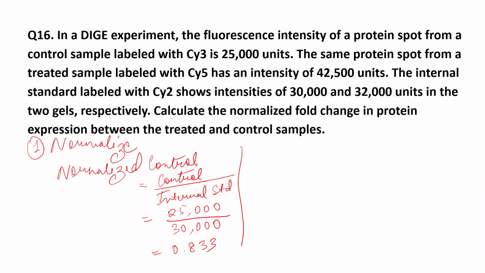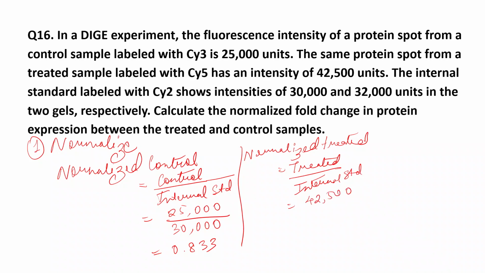Similarly, normalized treated equals treated divided by internal standard, it will be 42,500 divided by 32,000.